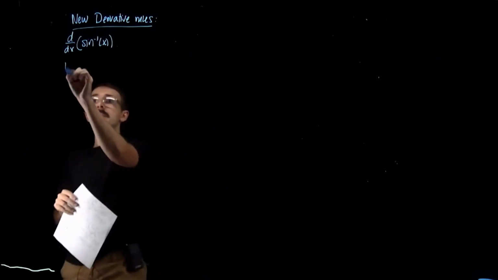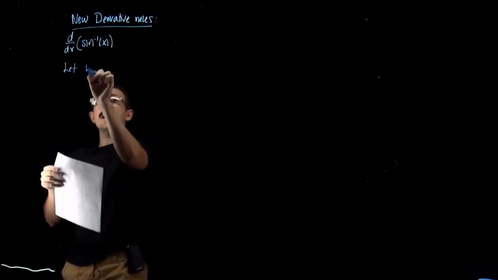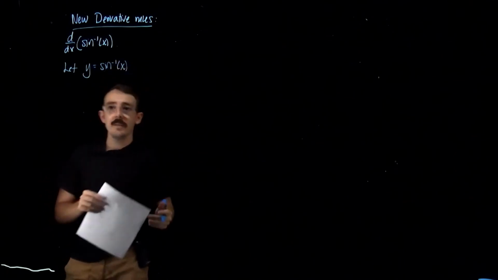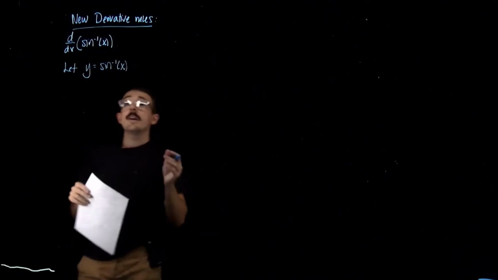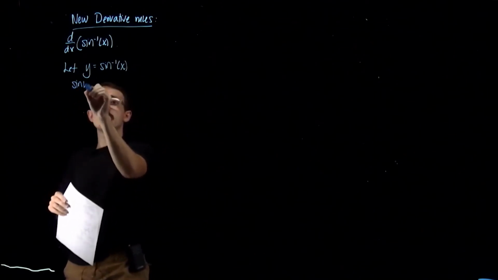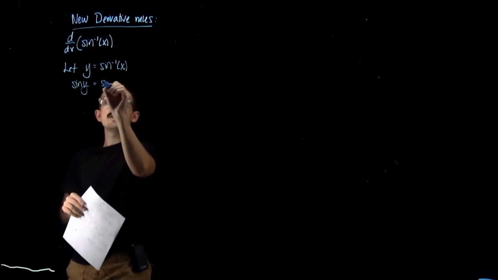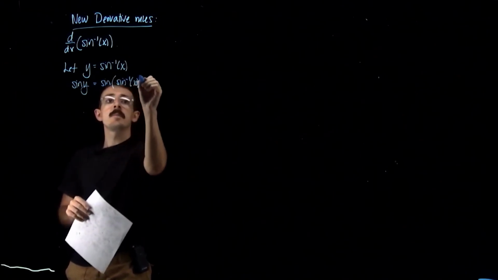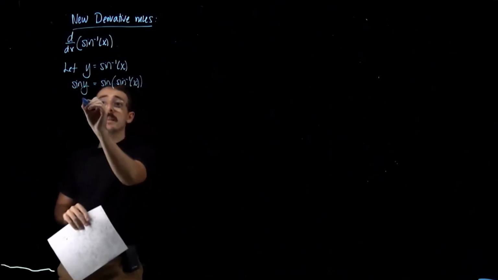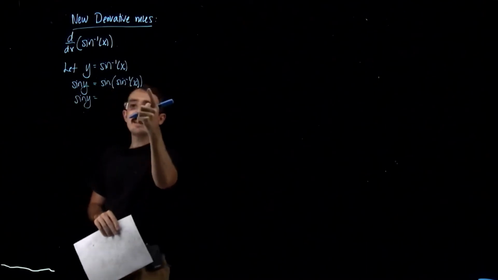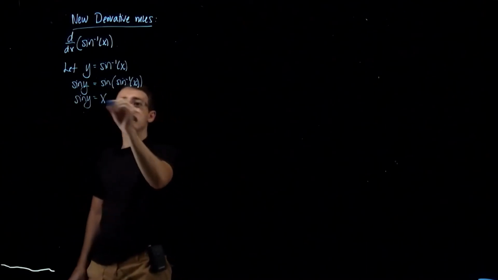I'm going to say let y equal sine inverse of x. Then if I apply sine to both sides, sine of y equals sine of sine inverse of x, and sine and sine inverse cancel, so I get just x.